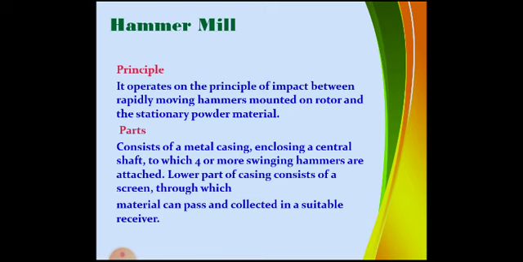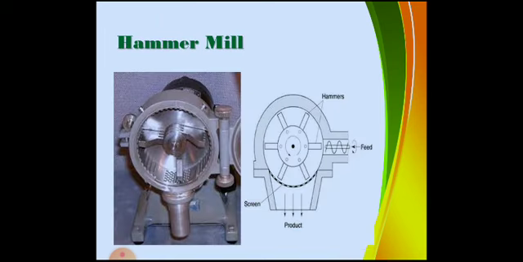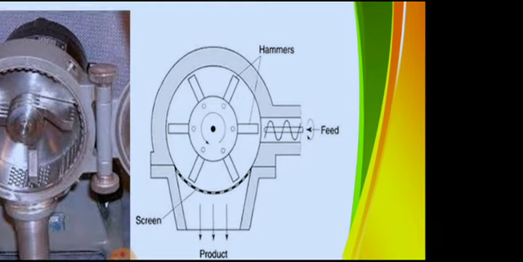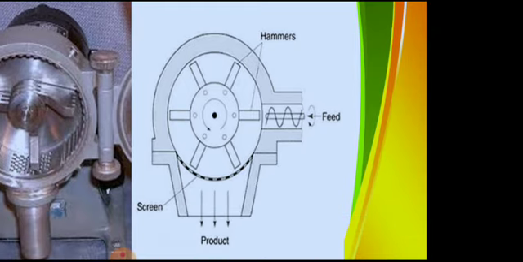The lower part of the casing consists of a screen through which material can pass and collect in a suitable receiver. As shown in the figure, one is diagrammatic and one is the original, showing how the hammer mill works. We see the position of the hammers, and the screen, product and feed are shown.